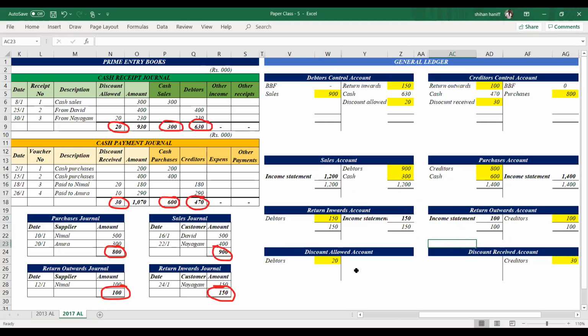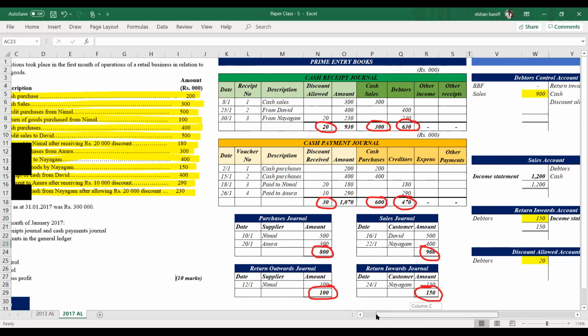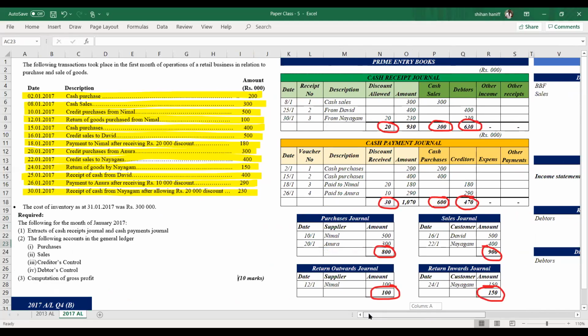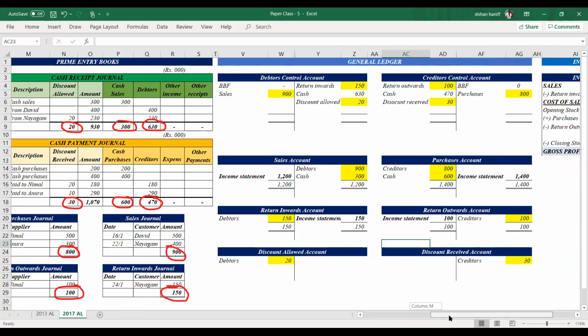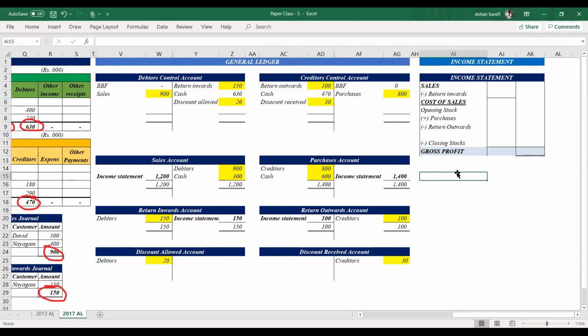Now the third part of the question is computation of gross profit. Now we'll draw a simple income statement. Sales minus return inwards.